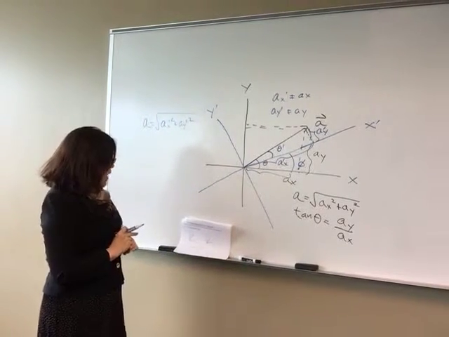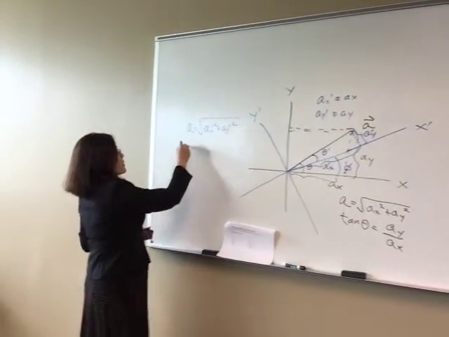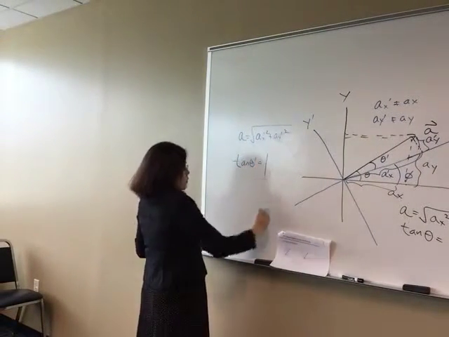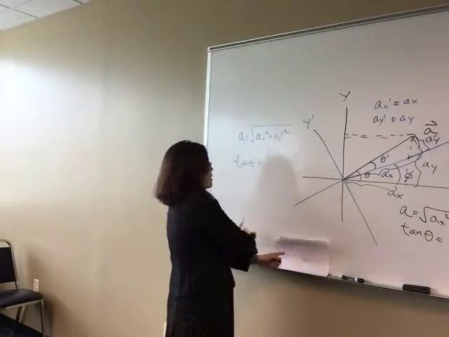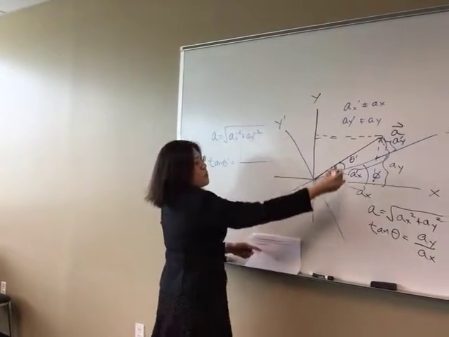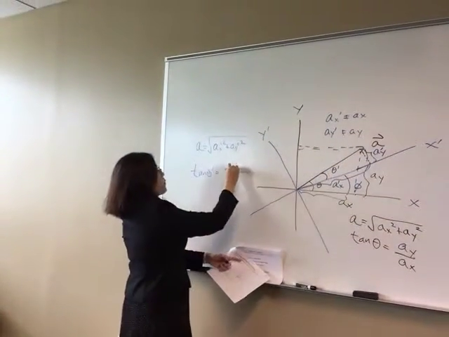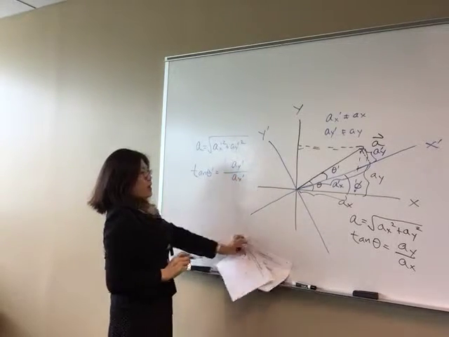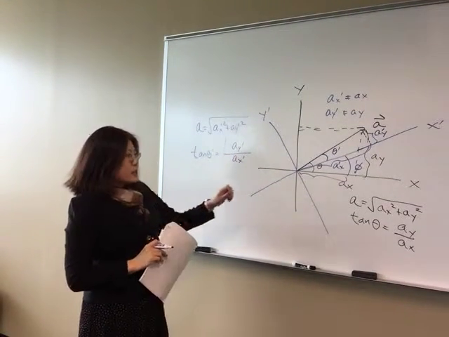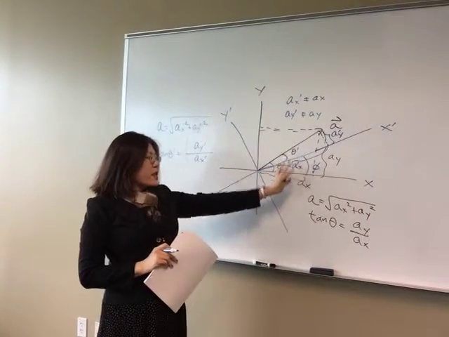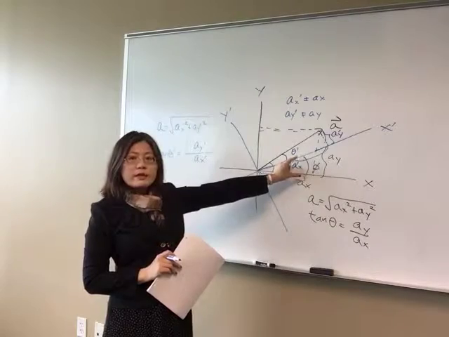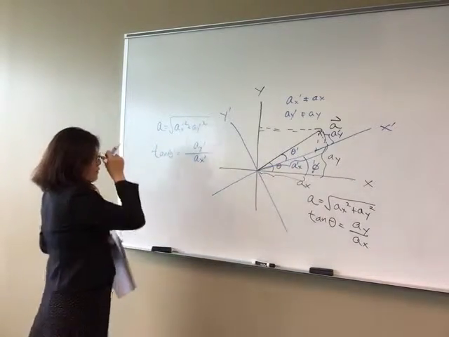What about the angle theta? So the angle theta prime, you can find out theta prime. Your theta prime is basically equal to the y component, so you have your Ay prime over the Ax prime. Okay, and how do we relate the angle theta and theta prime? You can see that the angle between them, they differ by angle c.